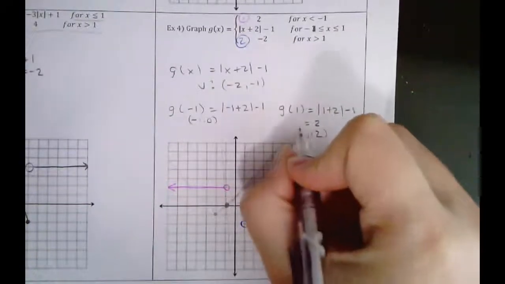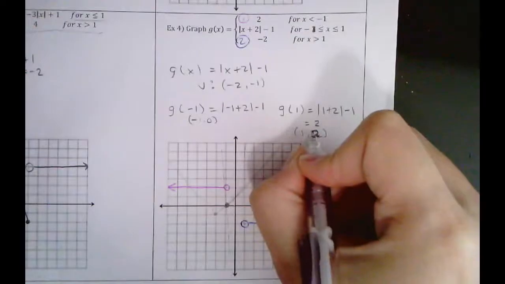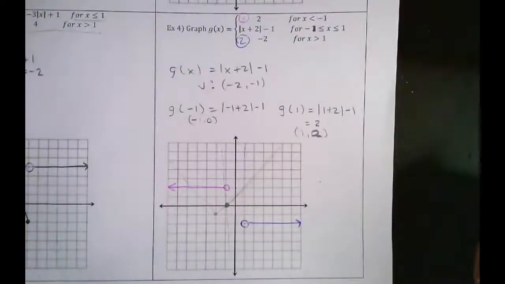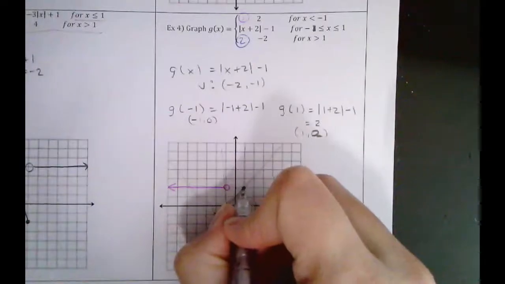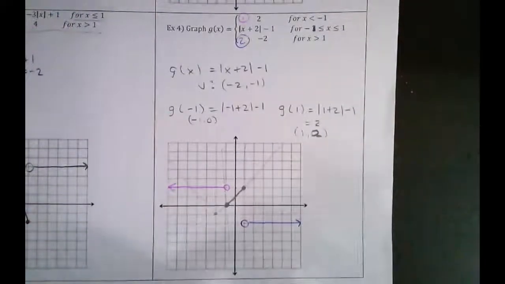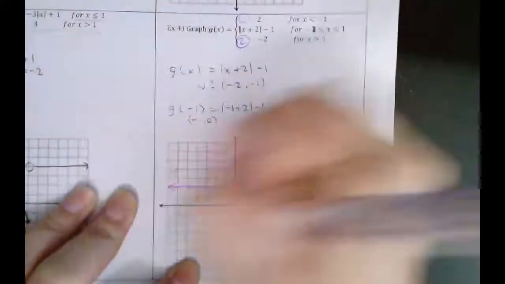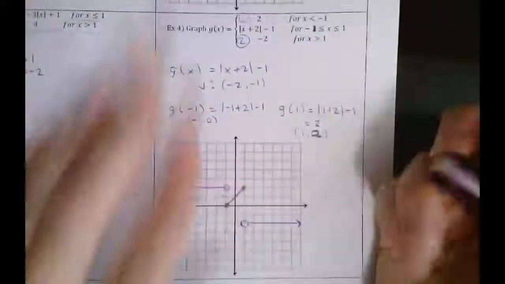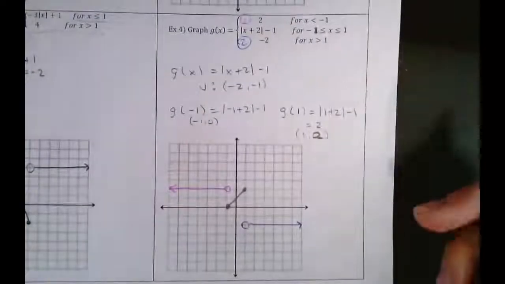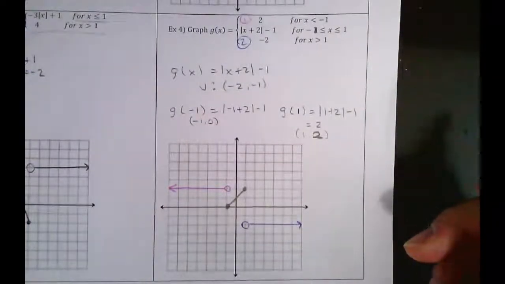So we have a point at (1, 2). It's going to be a closed point again. So this is our middle section. Like I said before, we don't see the V, we don't graph the vertex because the vertex is falling outside of the domain. So it just looks like a piece.